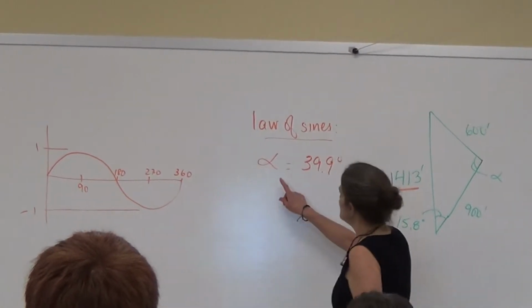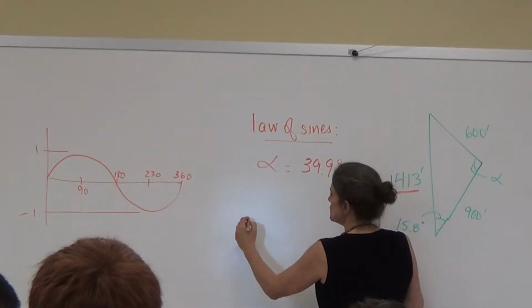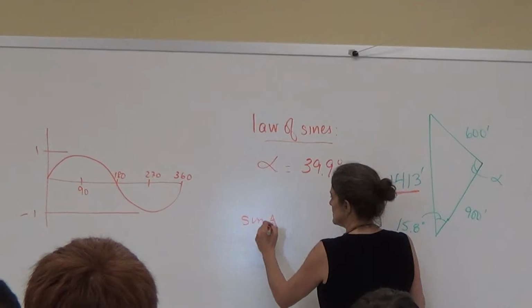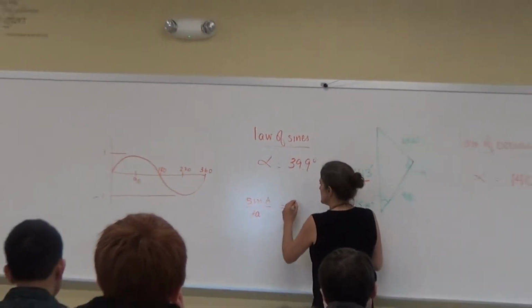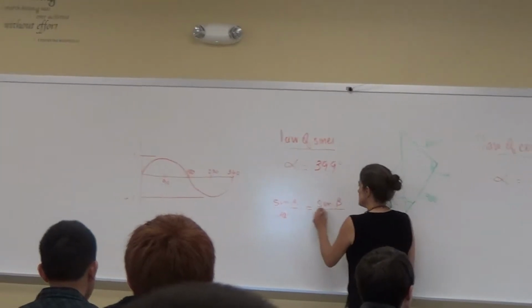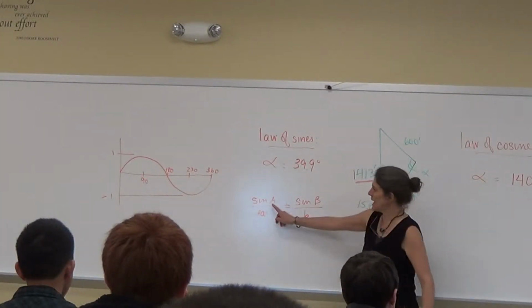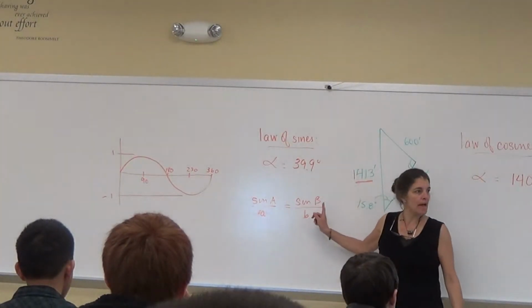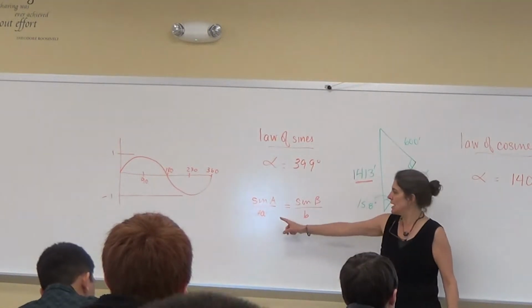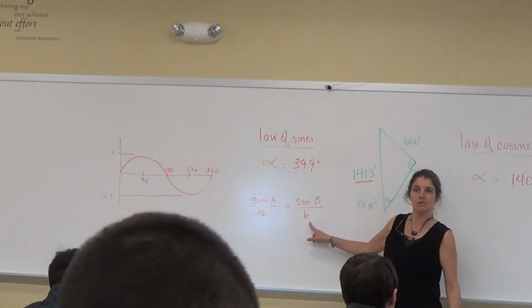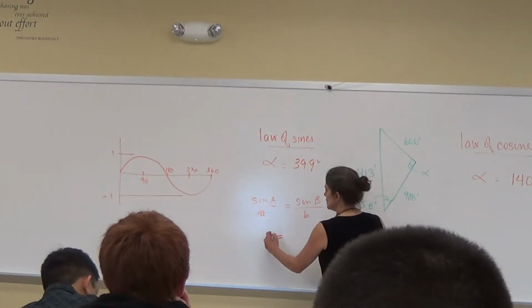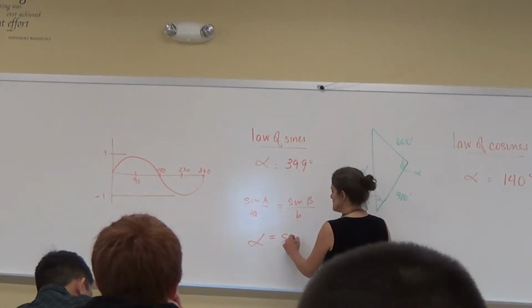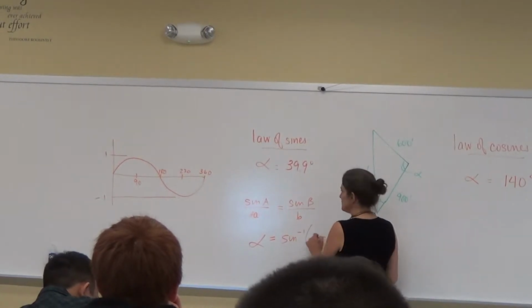What you did with law of sines was say the sine of A over little a equals the sine of B over little b. Angles are usually capital letters and sides small letters. You were trying to find alpha, which equals the inverse sine of something.